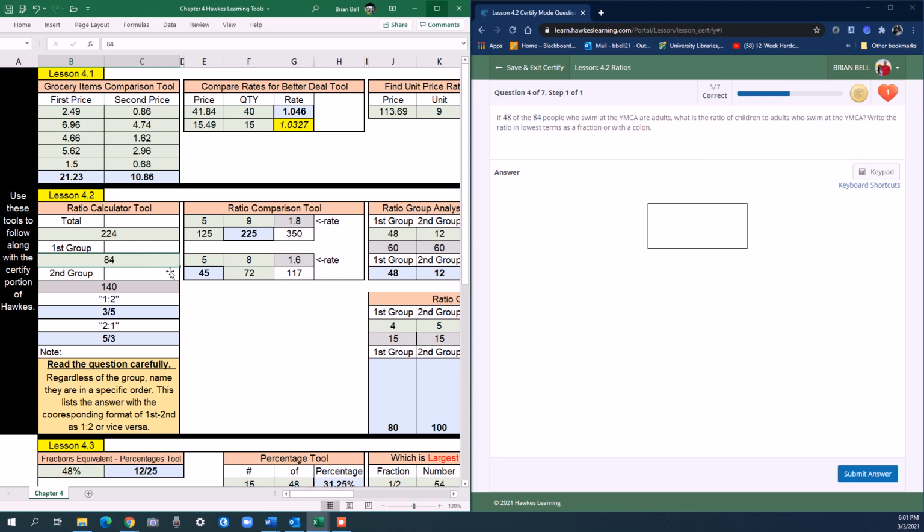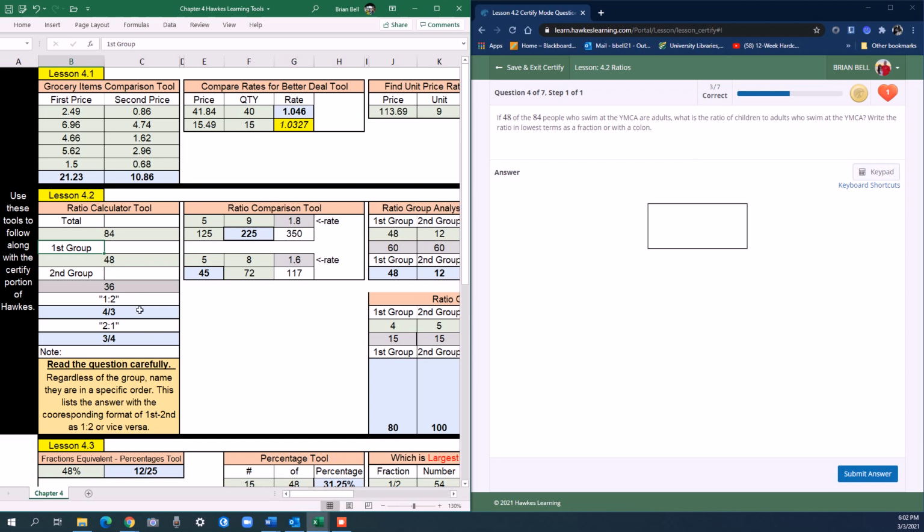Now you'll notice that this is 48 out of the 84 people who swim are adults. Okay, so this is adults. This is going to be children. Remember that this one here is asking for children to adults. So the children are going to be represented in the second group.